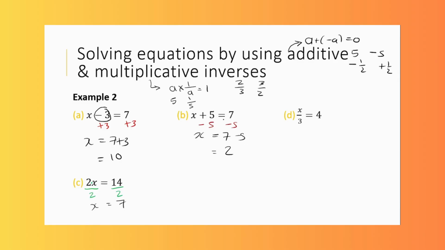Then in our last example, we have x divided by 3 is equal to 4. So we're going to do the inverse of divide by 3, which is times by 3. So we times by 3 on both sides. Therefore, x is equal to 4 times 3, which is 12.